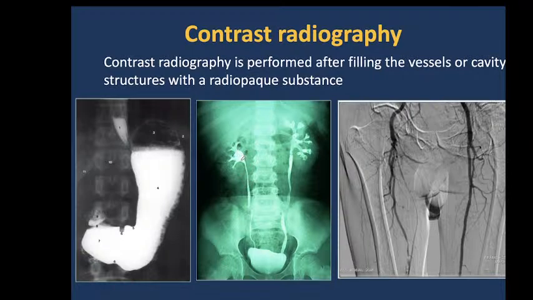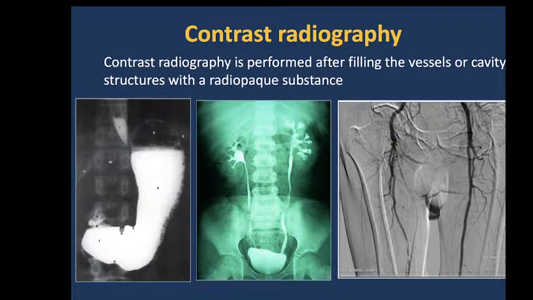When it comes into the urine, it makes visible the kidneys, pelvis, ureters, and urinary bladder here.